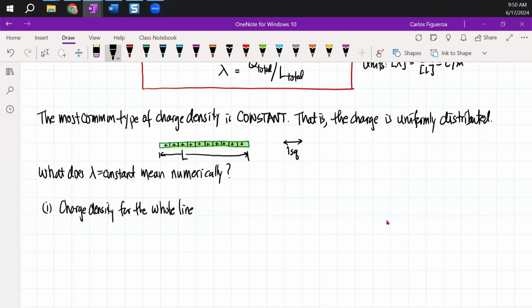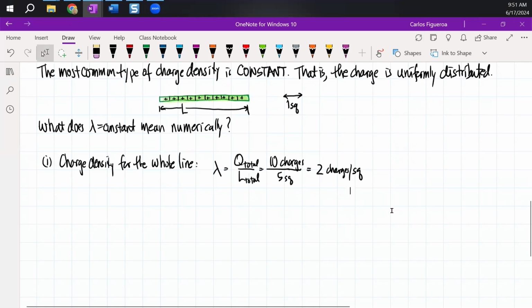Lambda for the whole line tells us the total charge divided by the total length. If I have 5 squares and 2 charges per square, that's a total of 10 charges over 5 squares. In other words, my charge density is 2 charges per square.